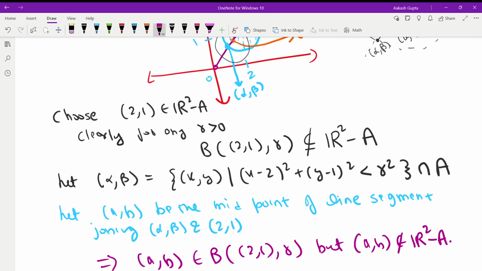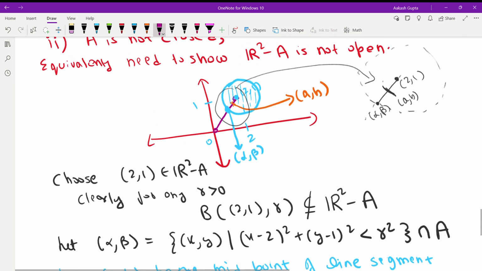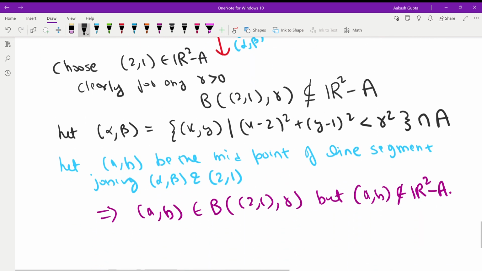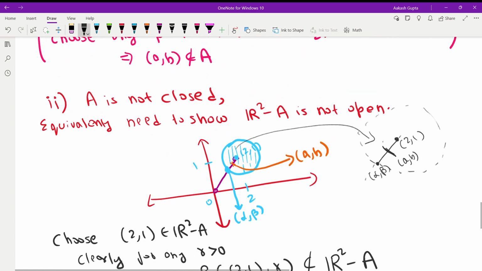So you see, I have specifically produced the existence of a point, right? That's what I mean by writing properly. Definitely you have an idea, but you should always be able to write it.